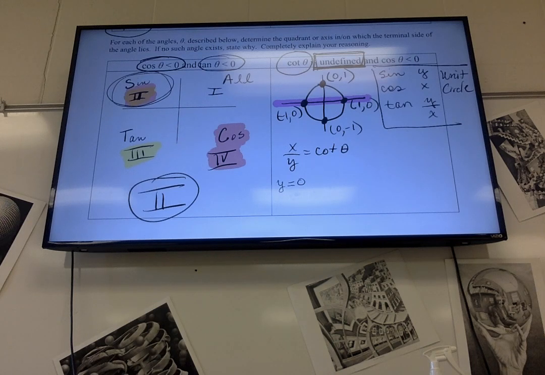All right. Cosine we know is x. So where would x be less than 0? On the negative x-axis, yeah. Right? On this side. So this would be on the negative x-axis. Am I completely explaining my reasoning is what I'm doing here? So even though I didn't write it out in word form, you can tell that's what we're doing.